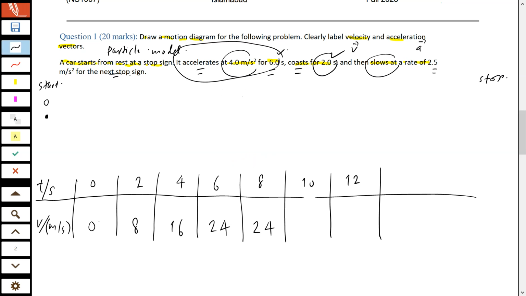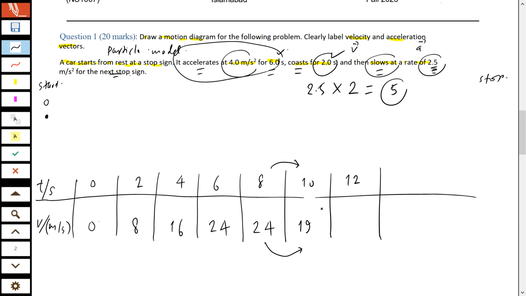And then it starts decreasing, slows down, the speed starts decreasing. At which rate? 2.5. Because here the interval is still 2 seconds, that 2 seconds will be multiplied with 2.5. So that is now the deceleration, and the change you get is actually 5. So now the speed has to decrease by 5 units. So this 24 will drop to 19.